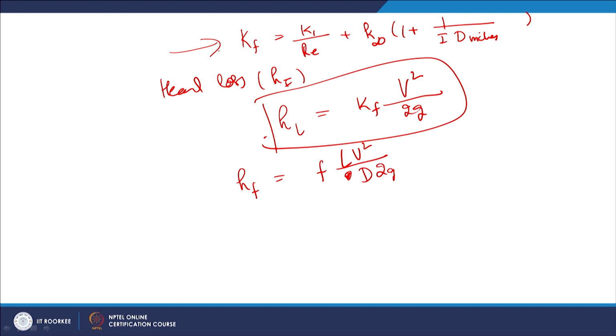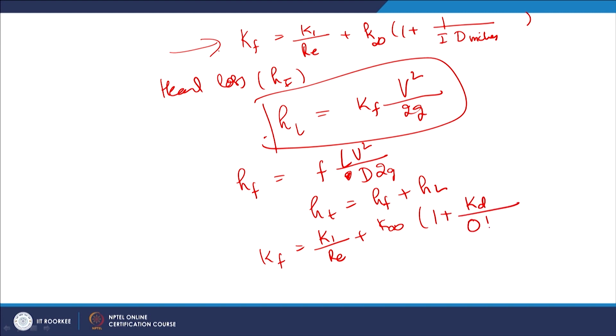So the total head loss would be HT is equal to HF plus HL. Now if we apply the 3K Darby method, in this method Kf is equal to K1 upon Re plus Ki times 1 plus Kd upon ID in inches.